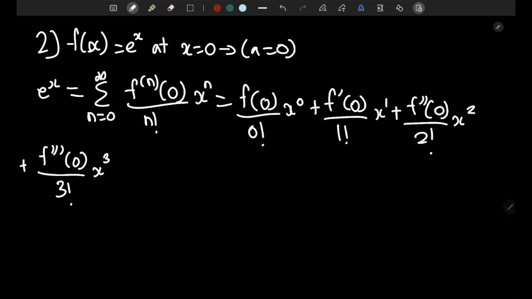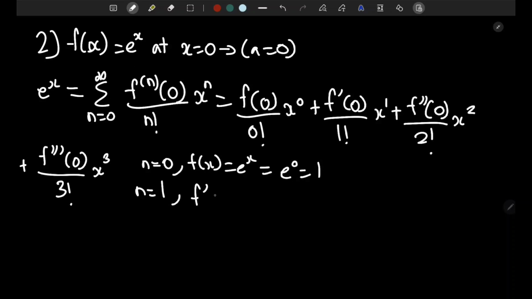So now we need to find the derivative at 0. Let's start with that. When n is equal to 0, f of x is equal to e to the power of x, since it's the 0 term and that's the function itself, and if we put x as 0, it is going to be e to the power of 0, which is equal to 1. Next, when n is equal to 1, what is the derivative of e to the power of x?